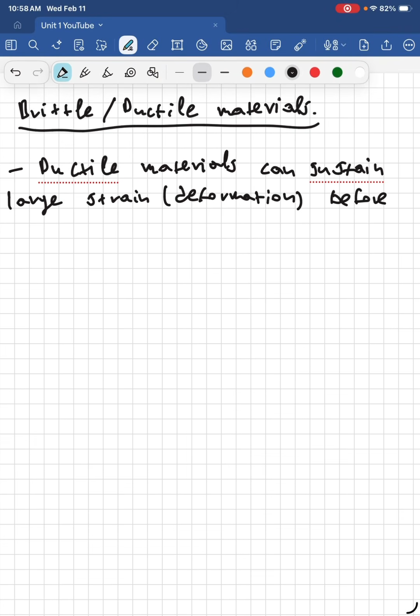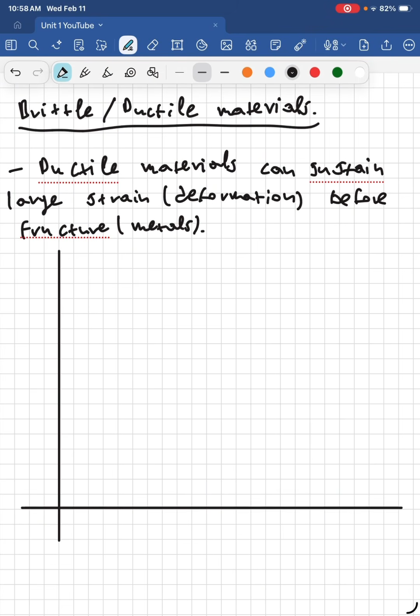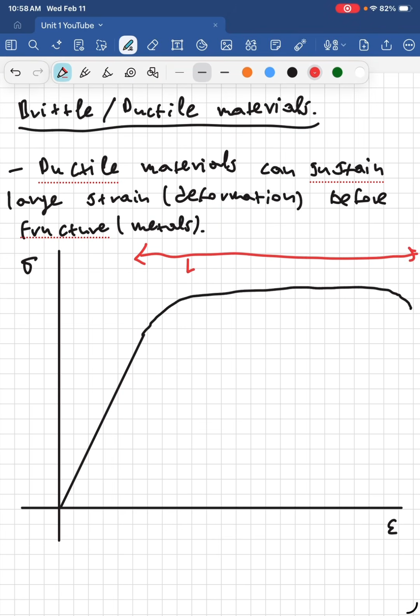So metals are the best examples of ductile materials. If we plot the stress and strain graph, it will look like this. So that's the straight part, and then something like this. Ductile materials have a large plastic region or plastic deformation.